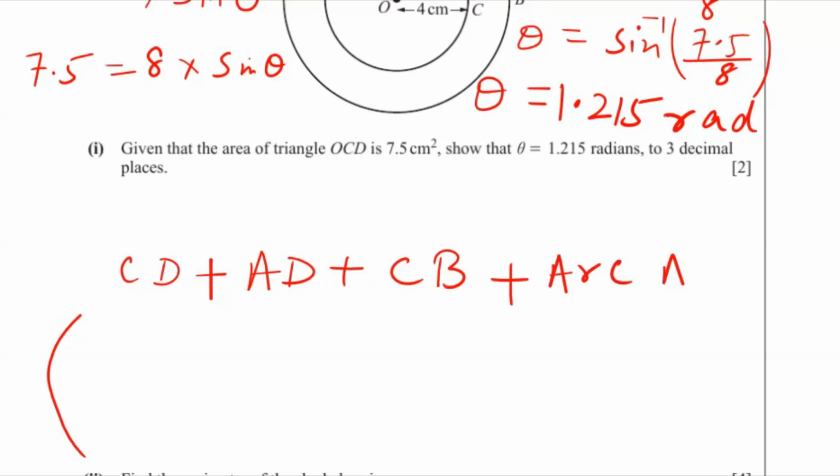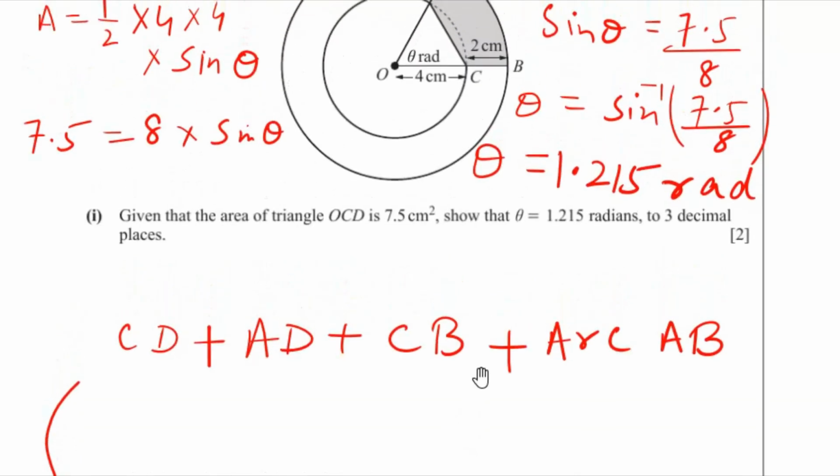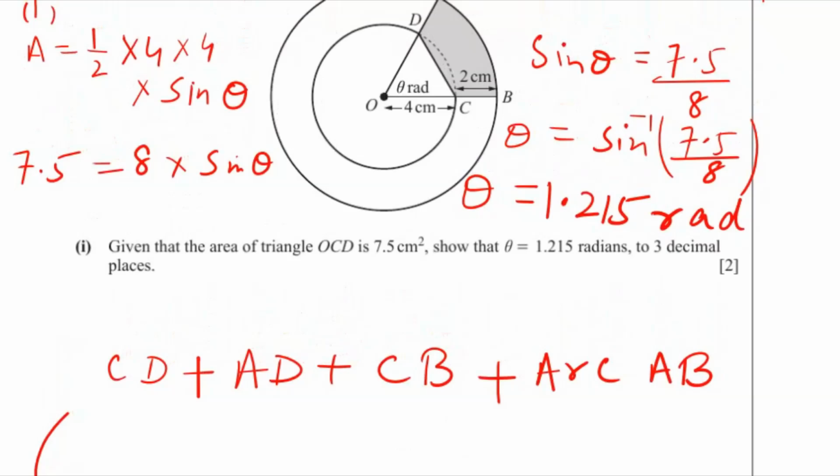Arc AB. So first we have to find the line CD. You can see clearly in this diagram, line CD is one of the sides of the triangle OCD.